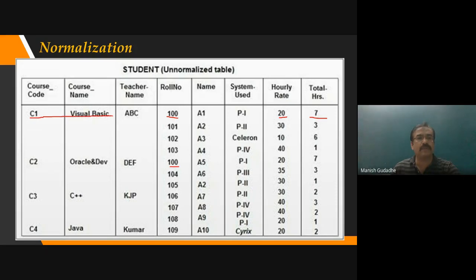Visual Basic is appearing, and these are the common things for all these rows. But this row should appear for all, because the computer can read only one row at a time. So it is going to read the first line.